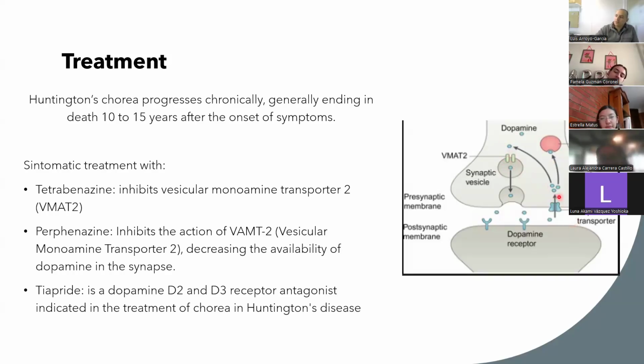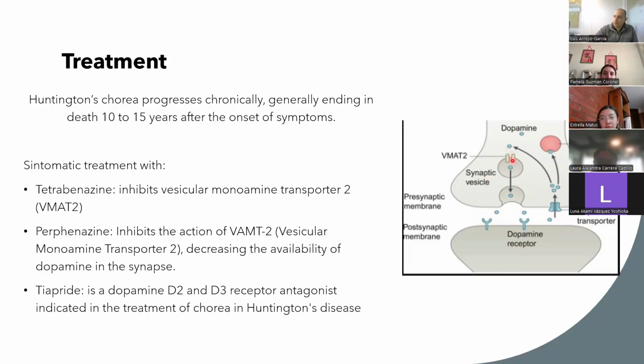What happens is that when the dopamine is recaptured from the presynapse, from the dopaminergic neuron, it has two options. This dopamine either goes to the monoamine oxidase, which is going to degrade the dopamine, or it will come to this transporter to go inside other synaptic vesicles that are about to release in the synapse.